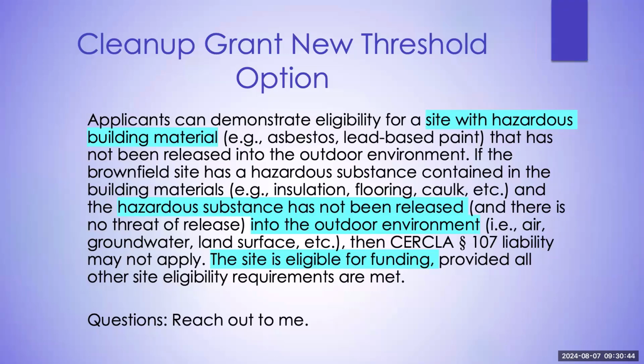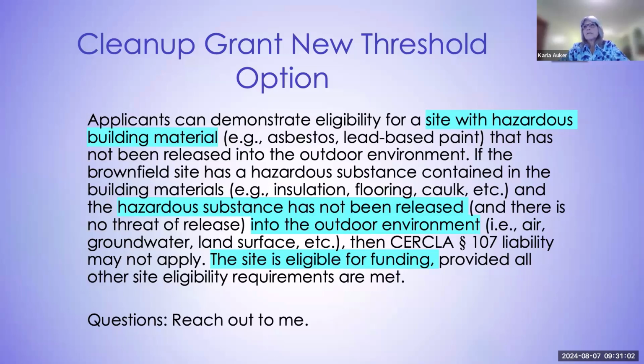So would demolition be eligible? No. Demolition is not an eligible cost under brownfields, unless the building has collapsed and you can't get to that asbestos to do the cleanup.